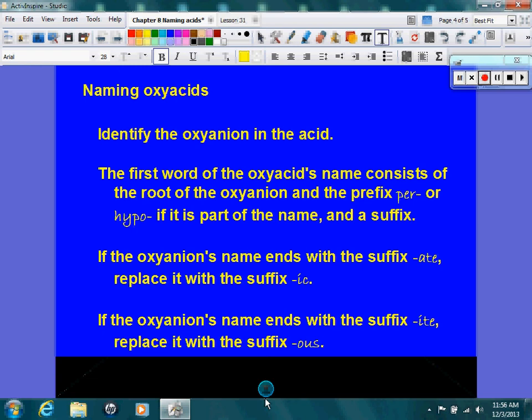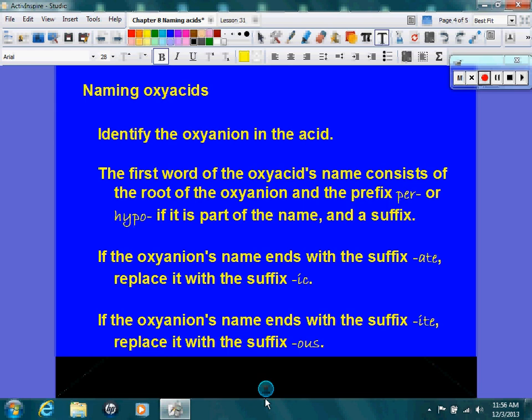If the oxyanion's name ended in ite, I-T-E, you replace that with the suffix O-U-S. Looking at number 5, I see sulfurous acid. So what oxyanion would that be? It ends in O-U-S, so the oxyanion's name was changed to ous.